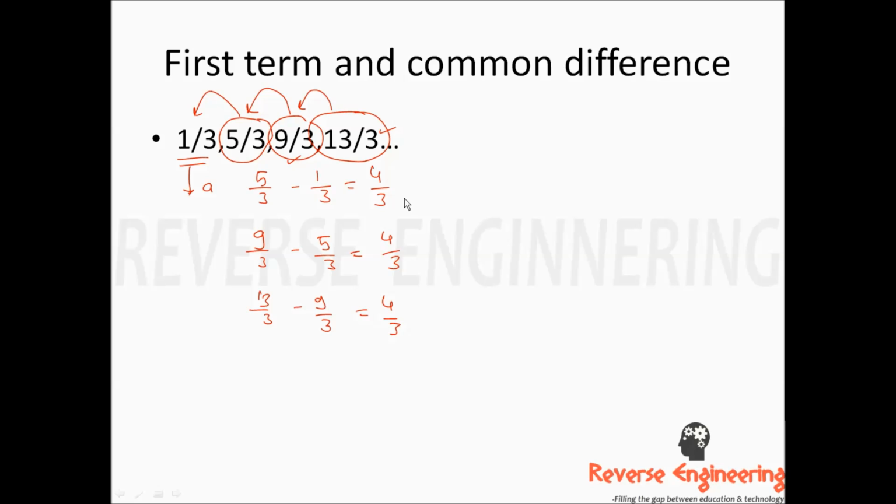So here you can observe that for all of the pairs of consecutive terms, the common difference d is the same, which is 4 by 3, and that makes the given sequence an AP. So we got our answers as A equals 1 by 3 and D equals 4 by 3.